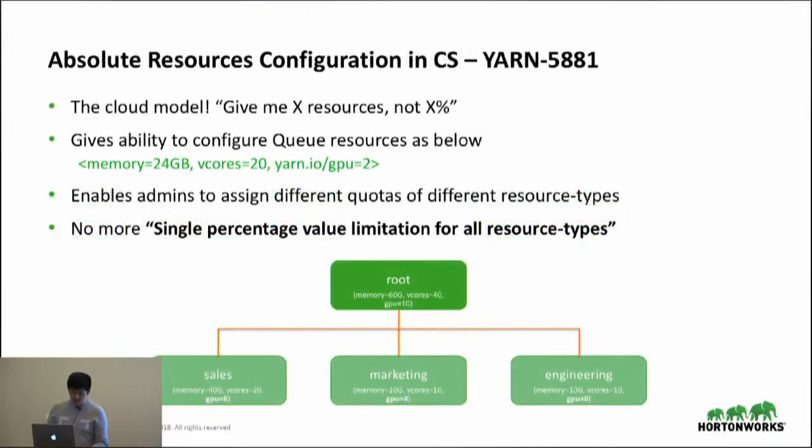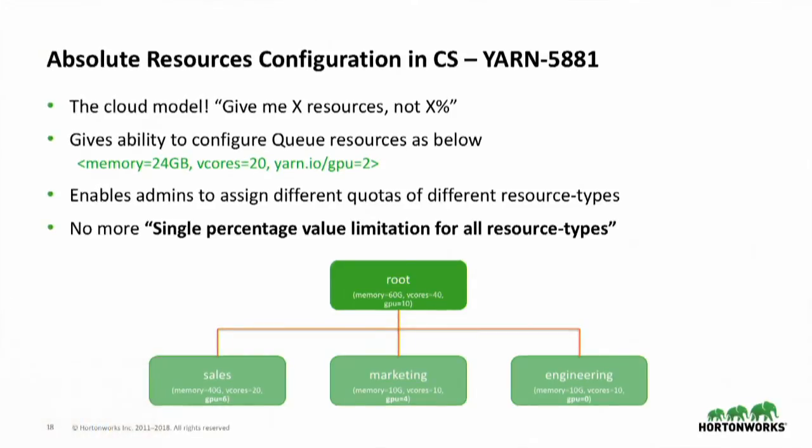Another thing is that we want to introduce absolute resource configuration in the capacity scheduler. Originally, we have the resource capacity calculated by relative percentage. For example, if we set up one of the queues with capacity 50, that means we can take up to 50% of the parent queue.